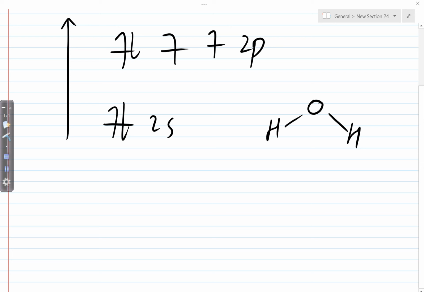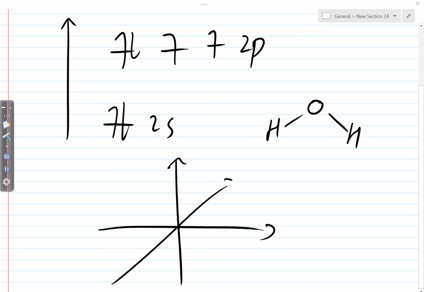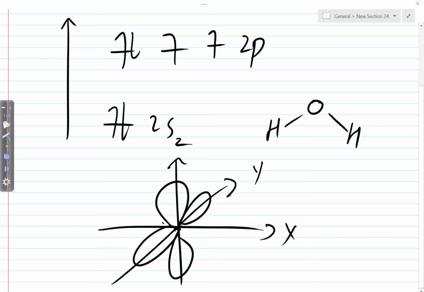So this means that there isn't any number of bonds problem for water, since just nice I have 2H and 2 unpaired electrons. But remember that if I want to draw out how the orbitals look like in a 3-dimensional way, X, Y, Z, I know that this is my X, Y, and Z orbitals, and this is my 2s.